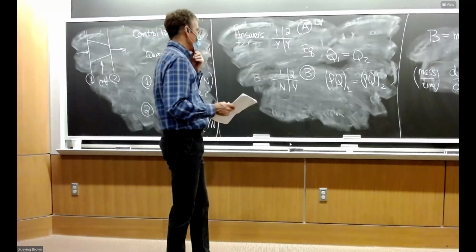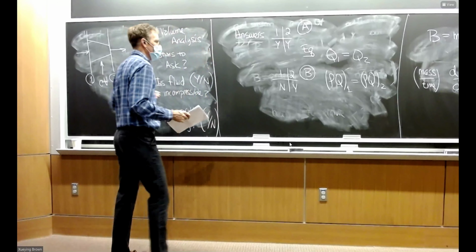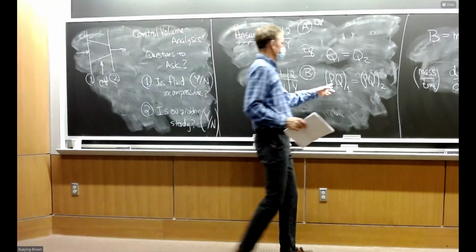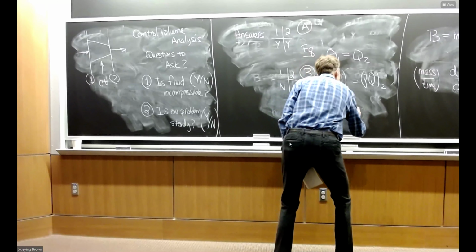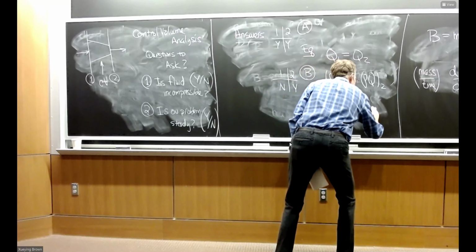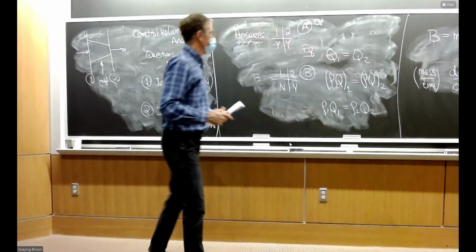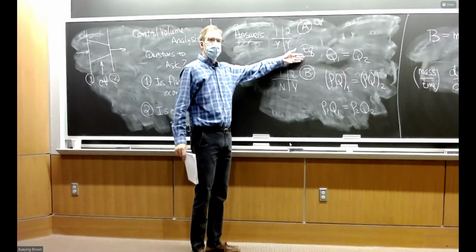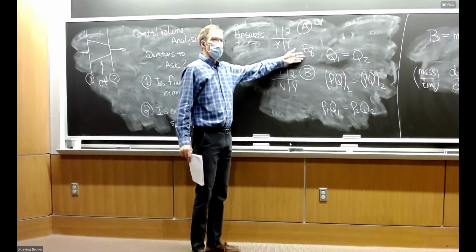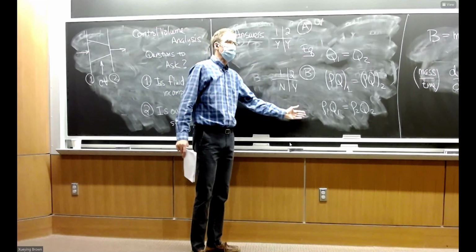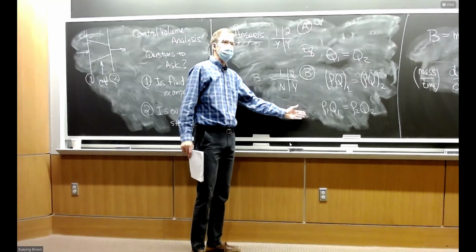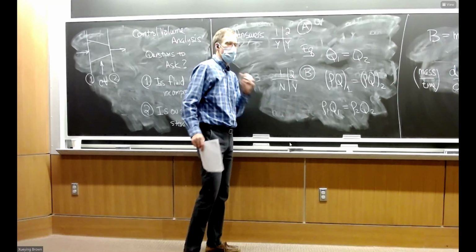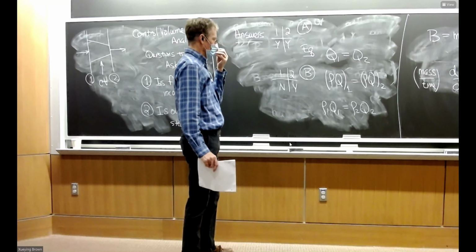And if it's not incompressible, then this density is not necessarily equal to that density. So what we have is rho 1. Okay, so this might be, in a control volume, the steady flow of water. This might be the steady flow of some sort of gas that can compress and change its density.